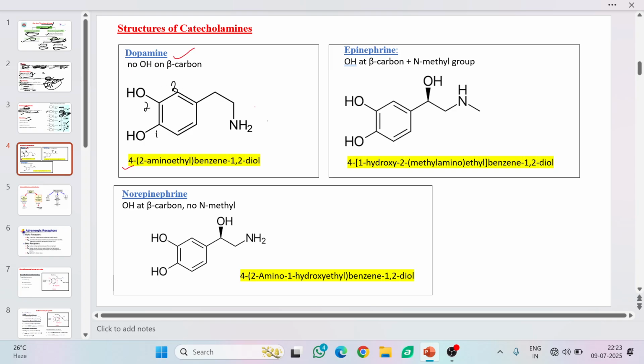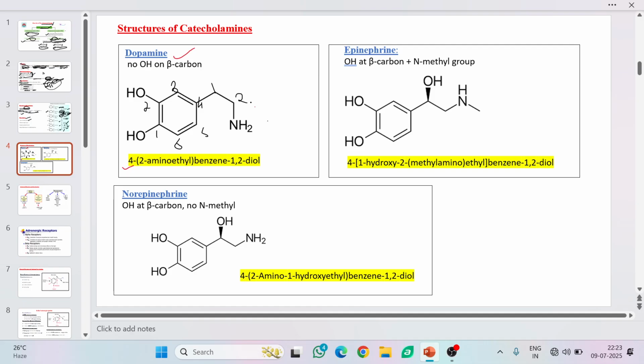Okay, so this is 1, this is 2, 3, then this is 4, this is 5, and this is 6. Okay, now we will understand the name. This is the IUPAC name, 4 in bracket 2 amino ethyl. So this is 1, this is 2.